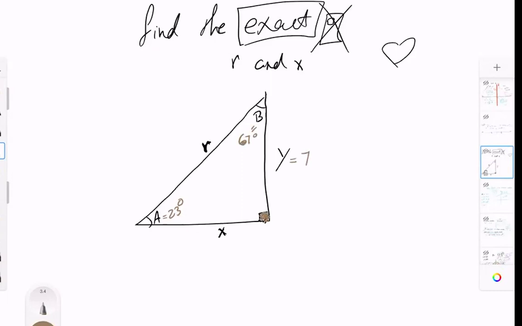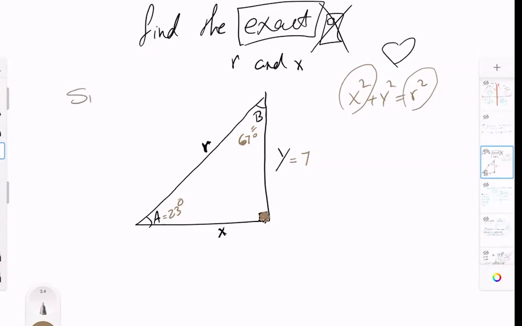All right. Can I use the Pythagorean theorem here? The Pythagorean theorem says x squared plus y squared equals r squared. X and y are both unknown, so two unknowns, one equation is not possible. So we're going to go to sine and cosine.